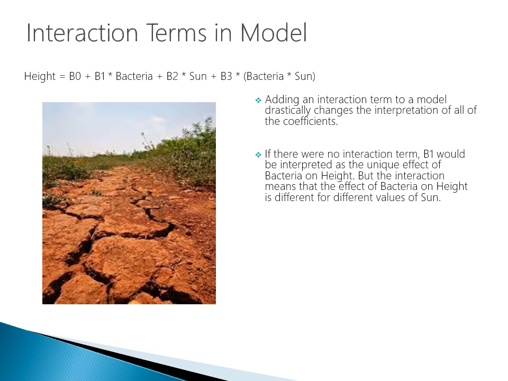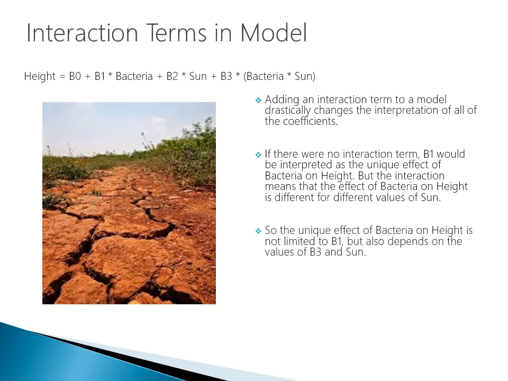If there was no interaction term, beta 1 would have been interpreted as the unique effect of bacteria on height, controlling for sun. But the interaction means that the effect of bacteria on height is different for different values of the sun. So the unique effect of bacteria on height is not limited to beta 1, but also depends on the values of beta 3 and sun.